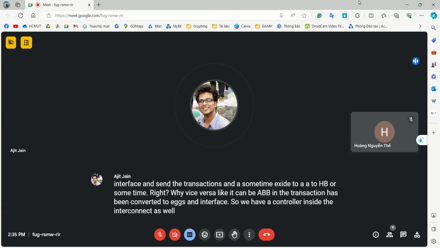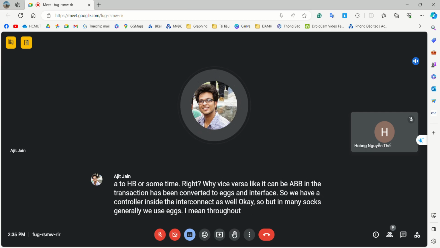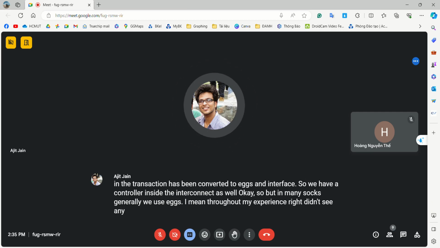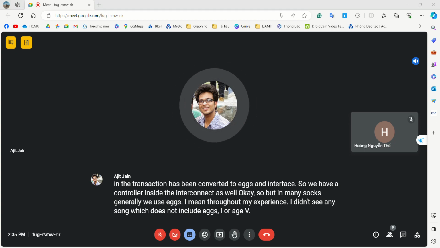But in many SoCs, generally we use AXI. Throughout my experience, I didn't see any SoC which does not include AXI or AHB. AXI is the main bus used in many SoCs.